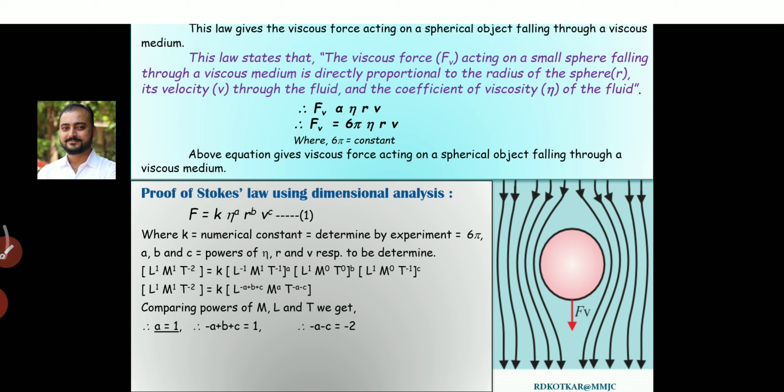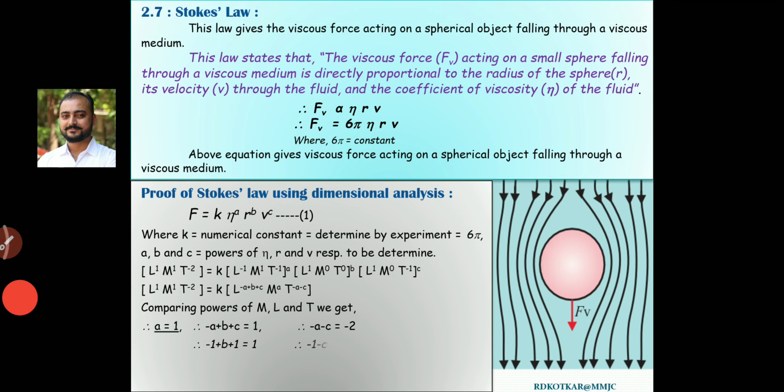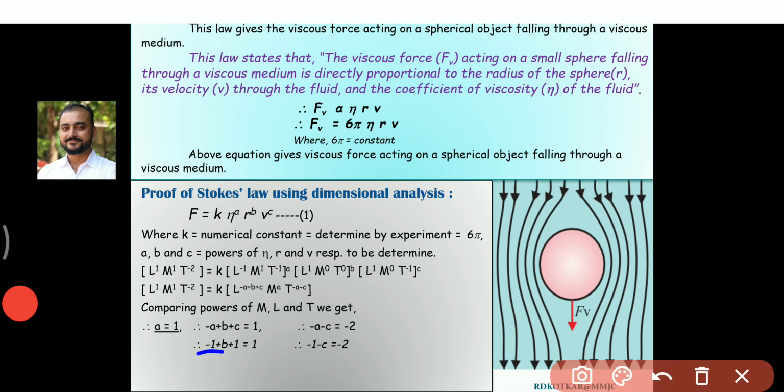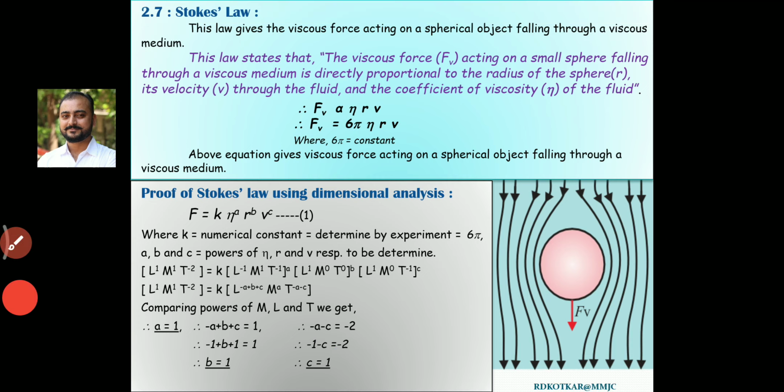Similarly, for the power of L, minus A plus B plus C equals 1. And for the power of T, minus A minus C equals minus 2. In the next step, by solving it and substituting the value of A, we get the answer B equals 1 and C equals 1 also.